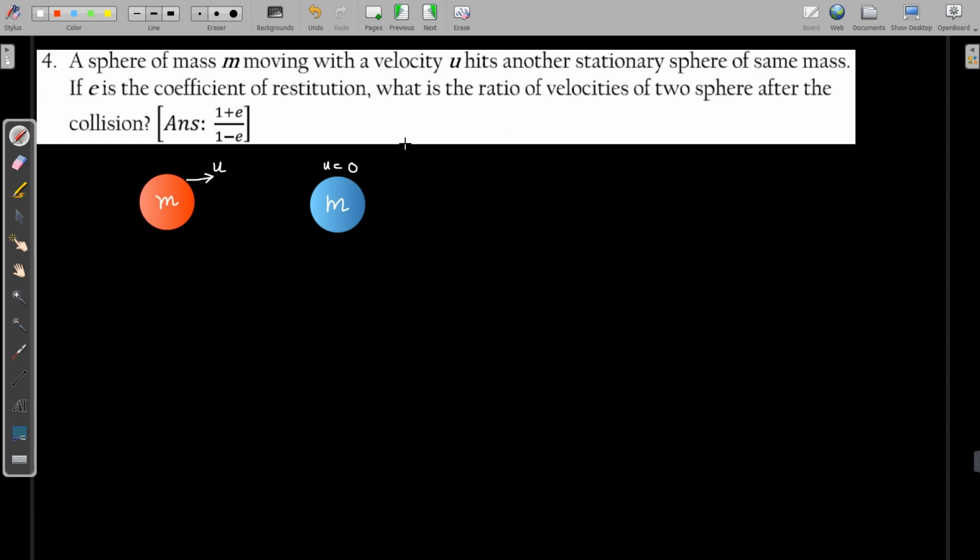After collision, what will be the value? So just see what is e here. Nothing is told about elastic or inelastic. So what we can say, in case of collision, what remains the same?